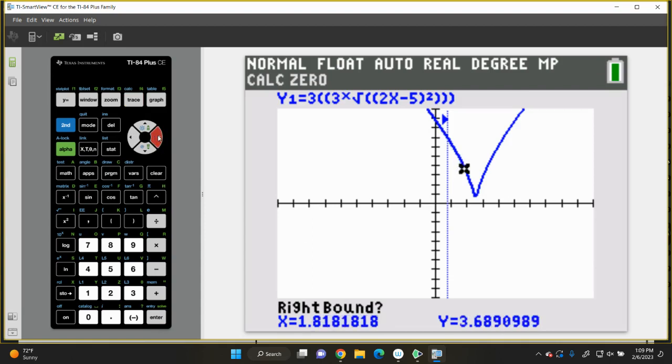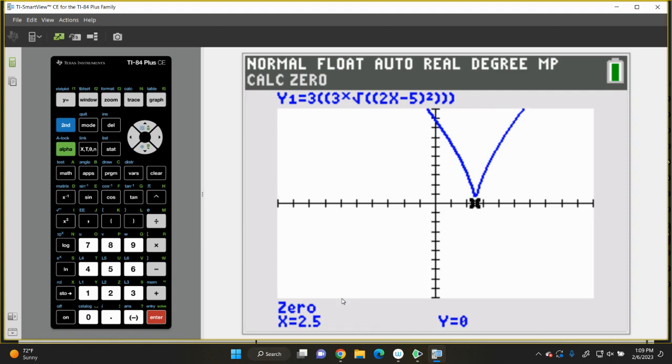The right of where we think the 0 is, I'll press enter there. And then we're just going to move closer to the guess, and it does give it to us. Isn't that crazy? It's telling me I have a 0, and you can't even see where the line goes there. Is it because it's so narrow but slow? I think it's just the algorithm it uses, the way it connects the points.